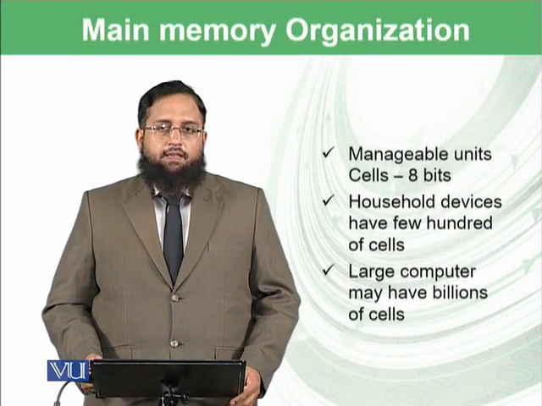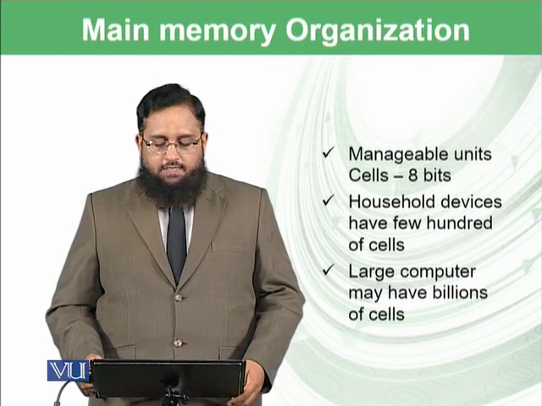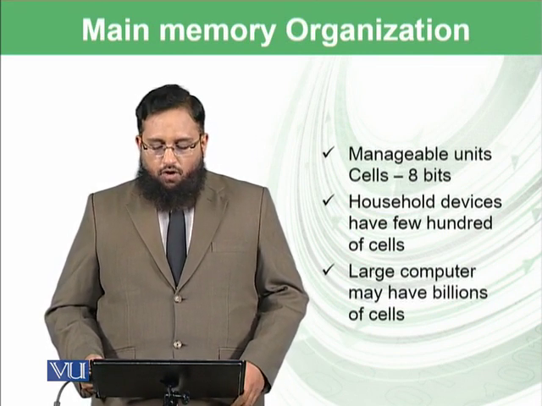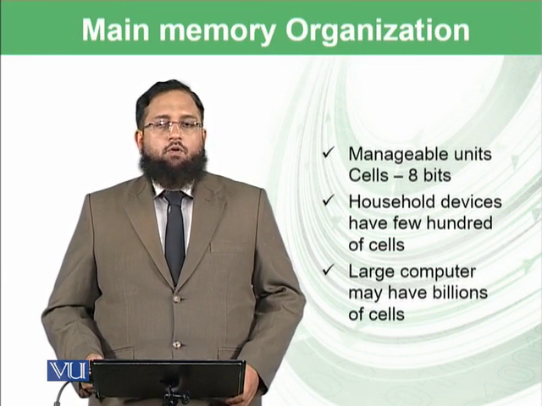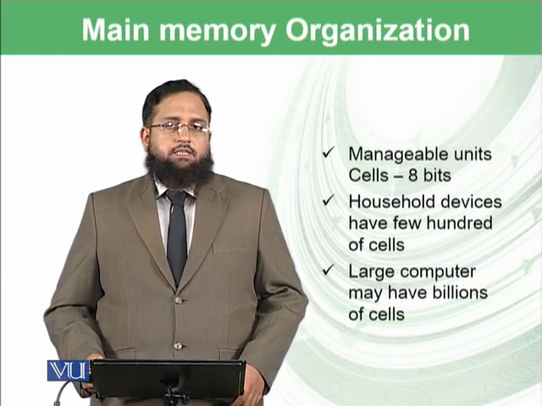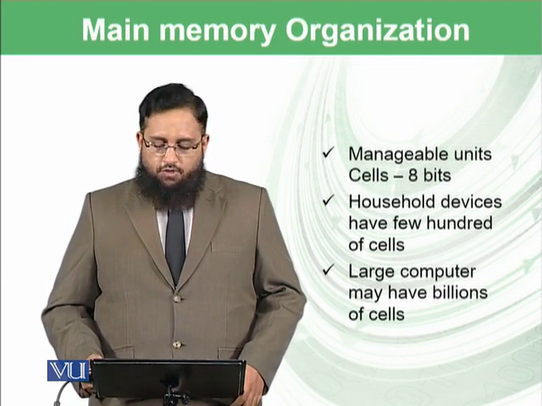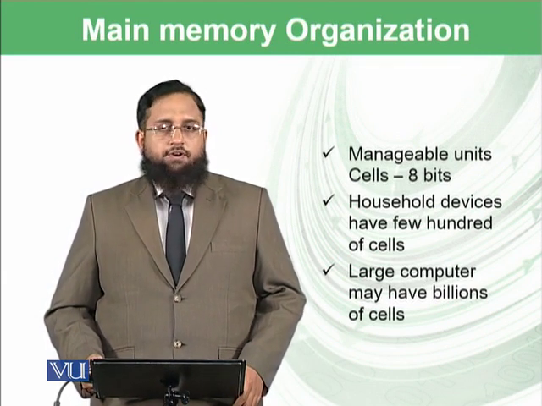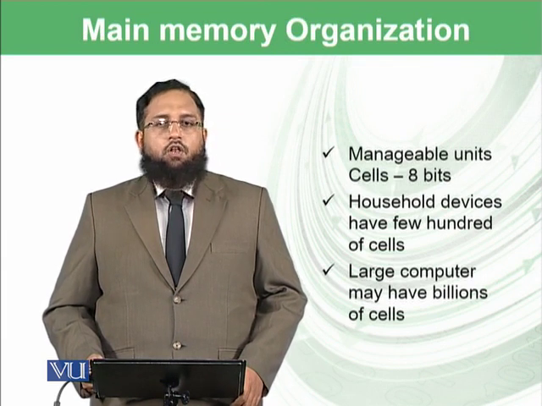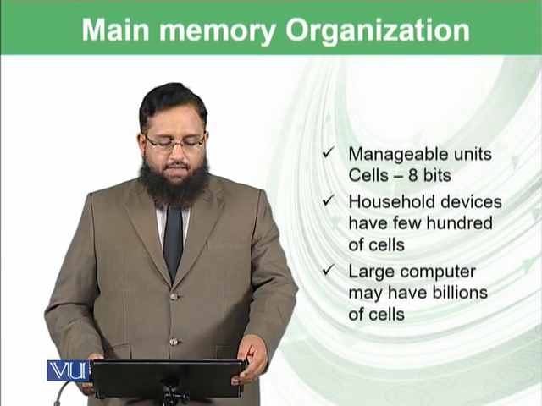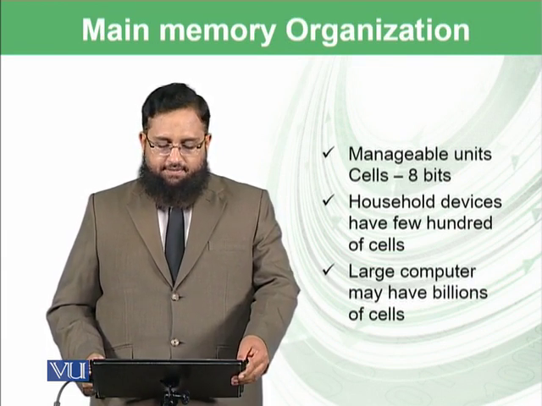Main memory is organized in small cells and each cell is of 8 bits. Household devices like a microwave oven at your home or other small devices which store some data may have a few hundred cells. However, large computers might have billions of cells available in their main memories.